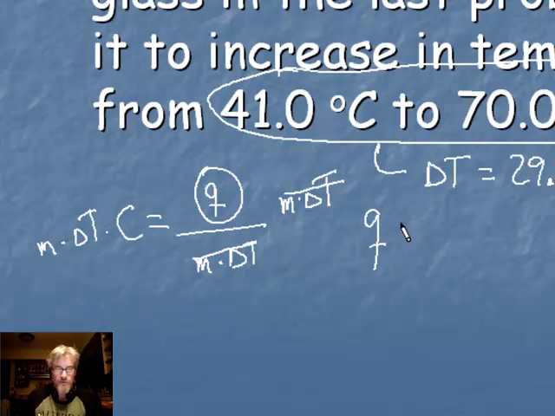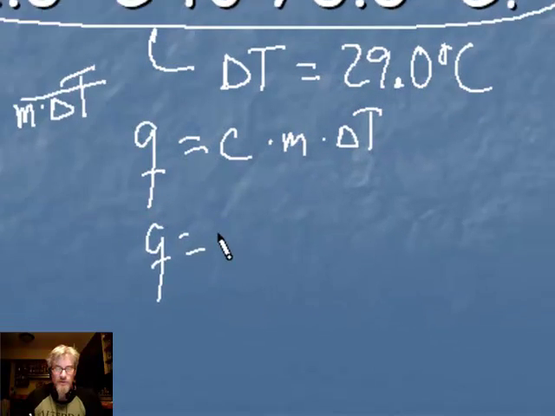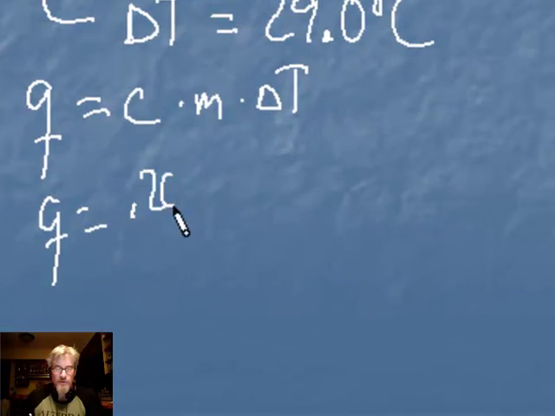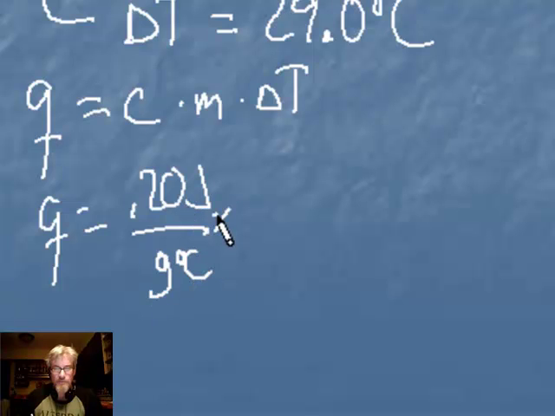What's on the left was C times mass times change in temperature. And now I just plug my numbers in. So Q is my specific heat, 0.20 joules per gram per degree C, times my mass, 2.0 grams, times my temperature change, 29.0 degrees C.